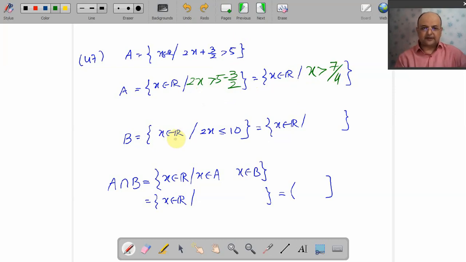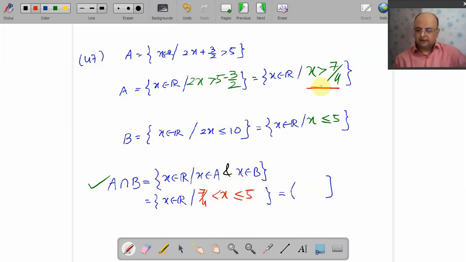Now B is the set where x belongs to R, 2x is less than or equal to 10, that is x is less than or equal to 5. So I want now A intersection B. Ready? So x belongs to A and x belongs to B. I write this in a reverse way, that is 7 by 4 is less than x and x is less than or equal to 5.